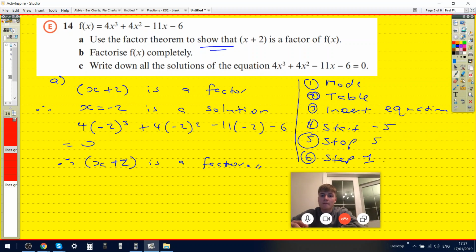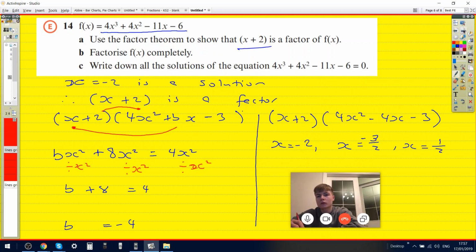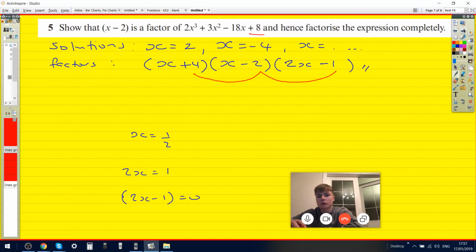And then you'll get, let me just see this one. Nope. So that one, okay. And so this one, we got 2 factors. So we said one solution was x equals 2, one was x equals -4. So that tells us we've got x minus 2, we've got x plus 4 as brackets.